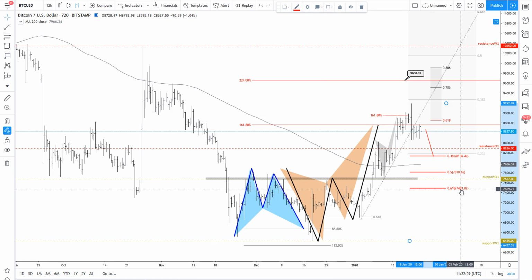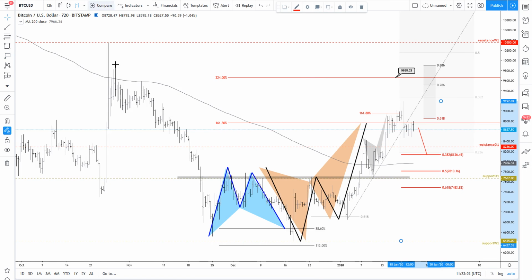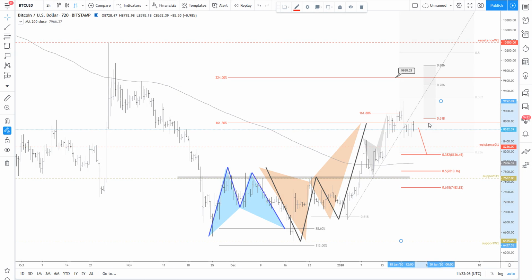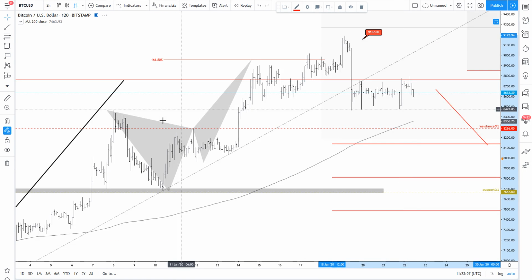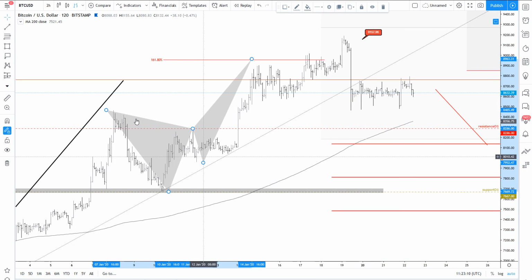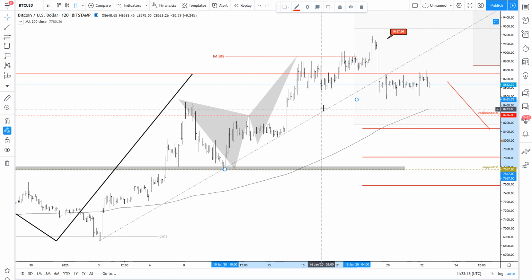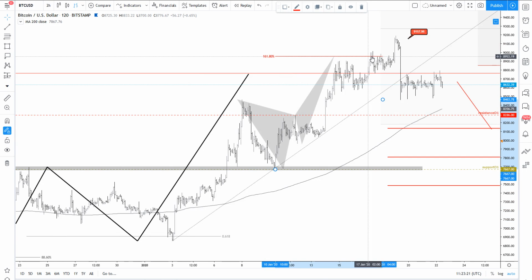So we have the 74.83. If you go into a lower time frame, also reinforcing the idea for shorts, we have another bearish crab pattern, a lower degree event, also completing the pattern at 168 extension, a new high, and immediately falling below.